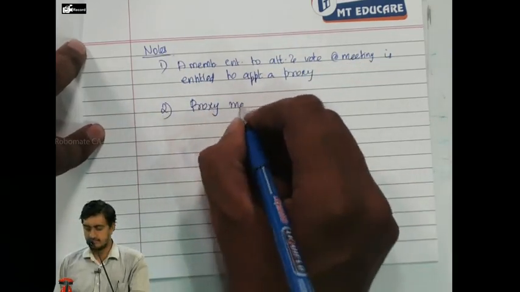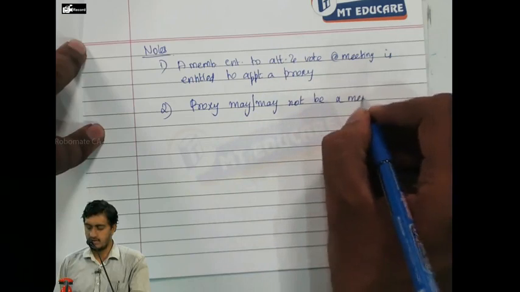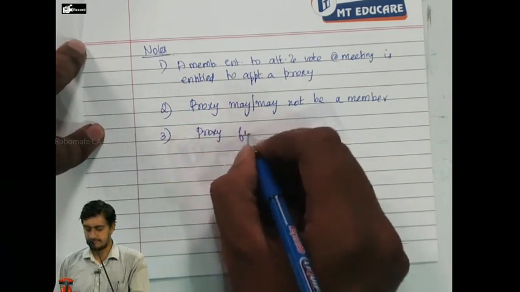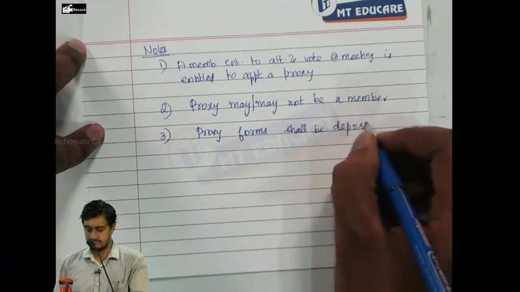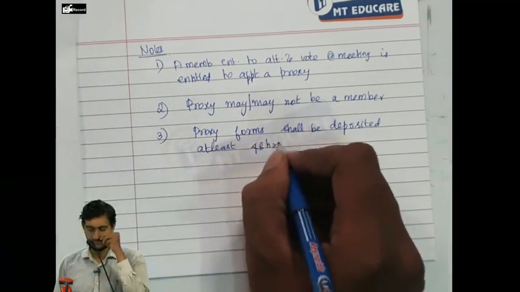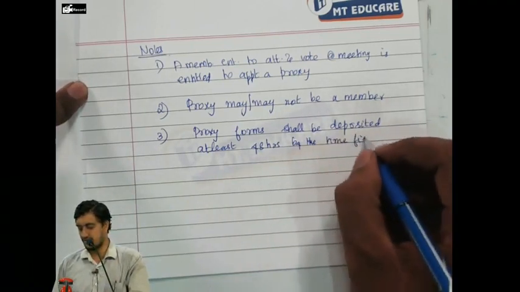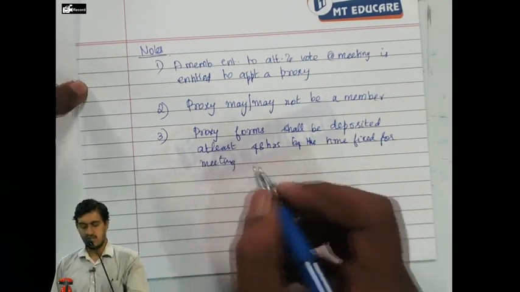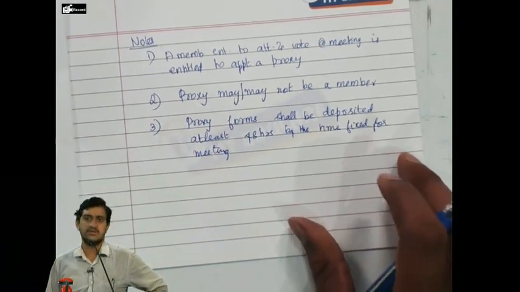Number two, the proxy may or may not be a member. Number three, the proxy form shall be deposited at least 48 hours before the time fixed for the meeting. And if you want to add any other information, you can add that also.